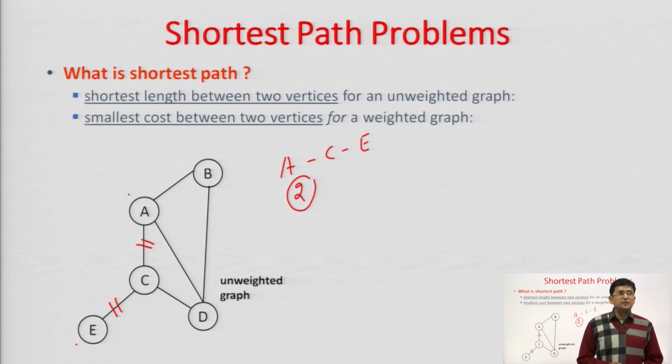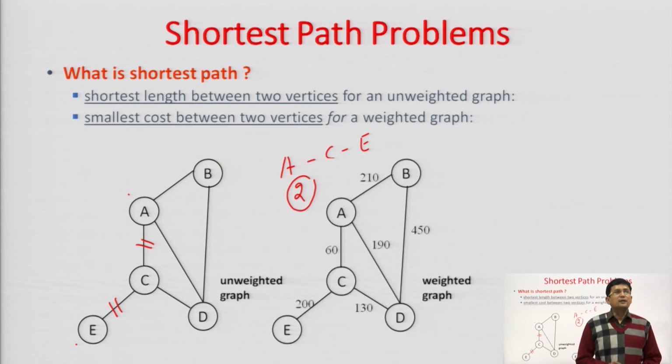But there may be certain situations wherein you are given a graph in which the cost or the distance on the edges is mentioned. In this case, you may need a different algorithm for finding the shortest path.